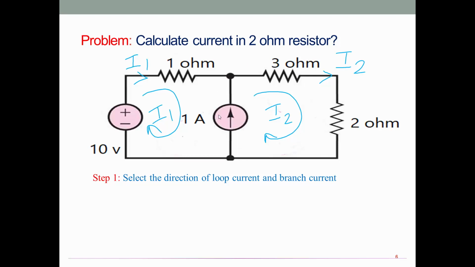Coming to the common branch, we have the current source. We have to identify this current source in terms of loop current. I have mentioned the reason why I choose the upward direction, and also why I choose I2 minus I1. So I2 minus I1 is the branch current on this current source, which is equal to 1 amp.